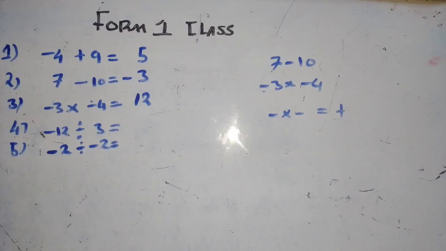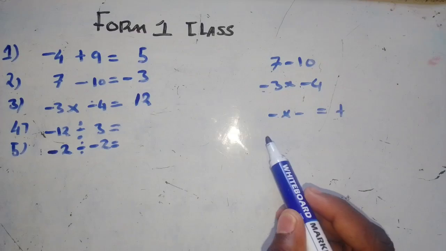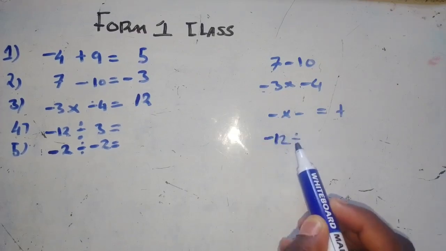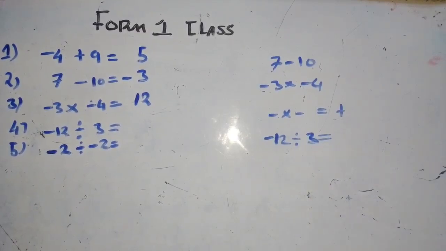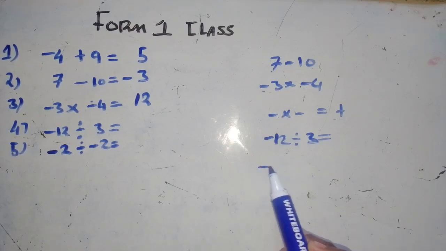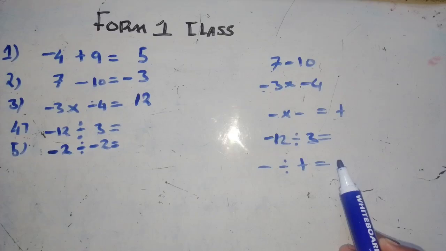After this, you proceed to question 4. It's like this: negative 12 divide 3 is equals to, we don't know. On the rules of integers under division, we said that when you're dividing negative divide positive, it will give you a negative answer.